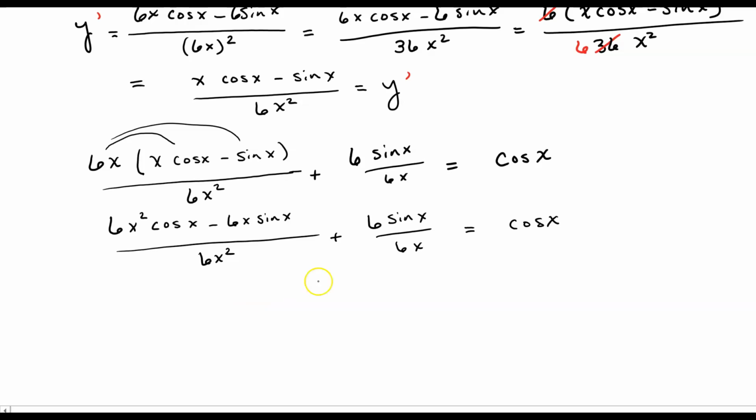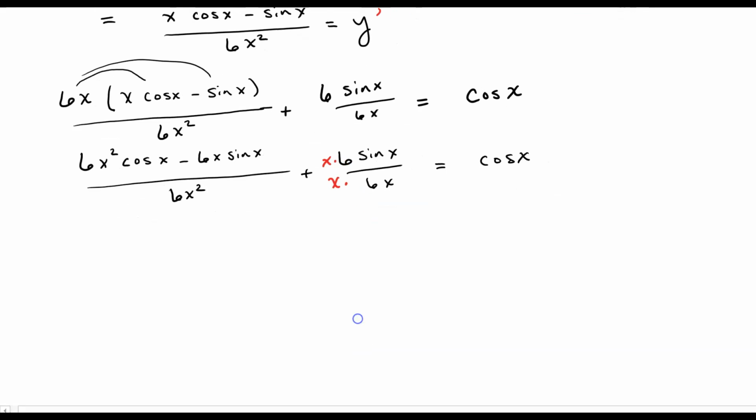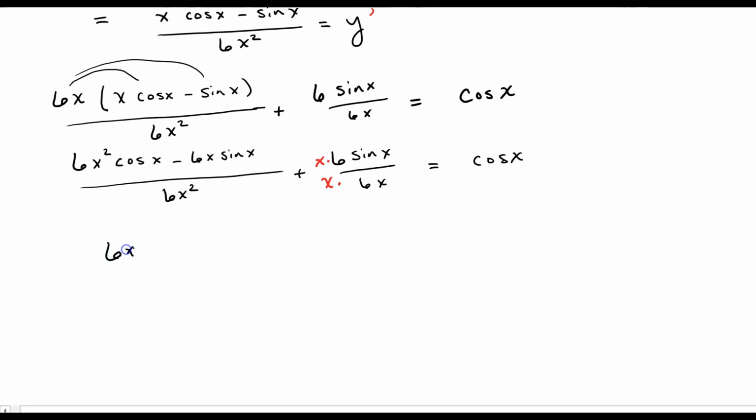Once I do that, I need a common denominator, so I'm going to have to multiply this side by x over x in order to combine these two fractions. And so when I do that, I get 6x squared. The left side of the left side doesn't get touched, but the right side of the left side does.